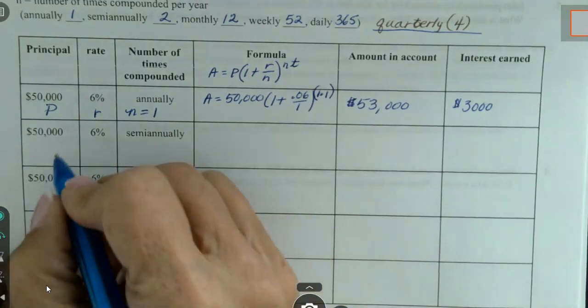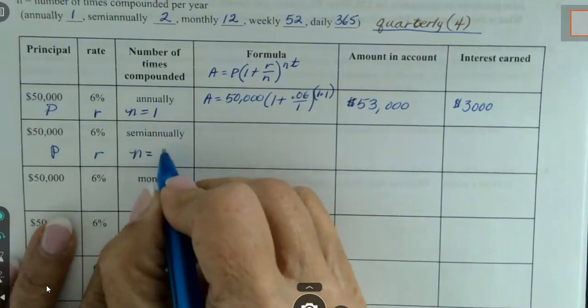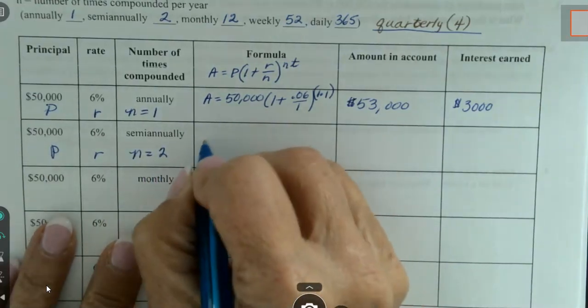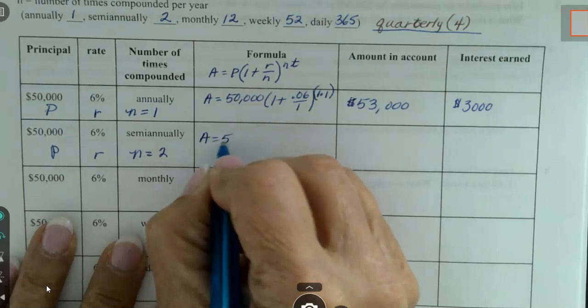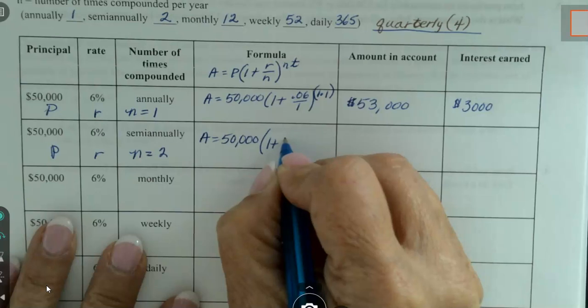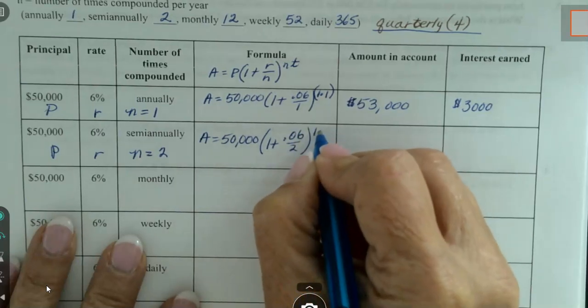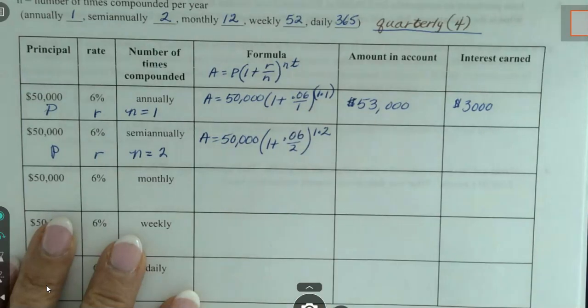So the difference here, this again is my P, my R, and again, semi-annually means 2. So my formula would be 50,000 times 1 plus 0.06 over 2, to the 1 times 2, again because I'm just doing 1 year. Okay.